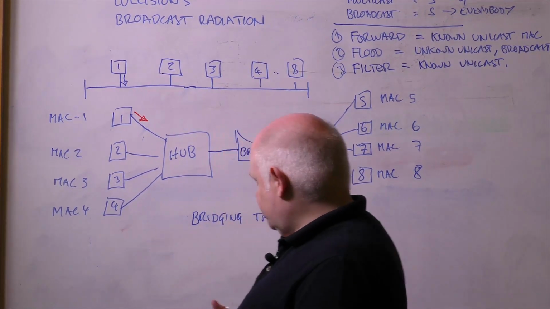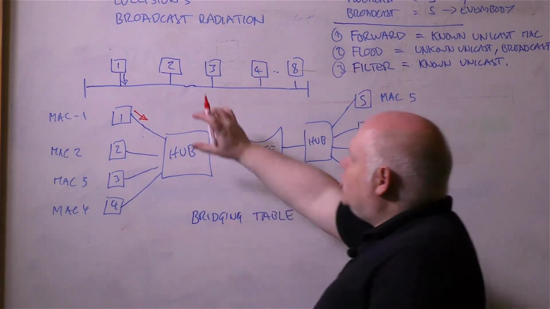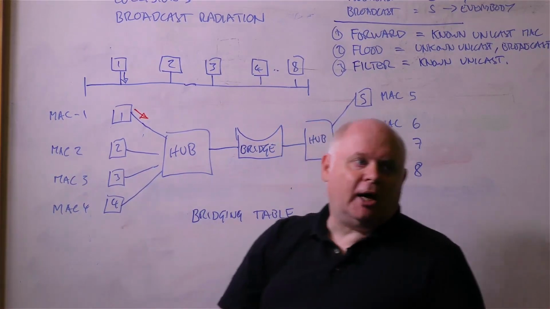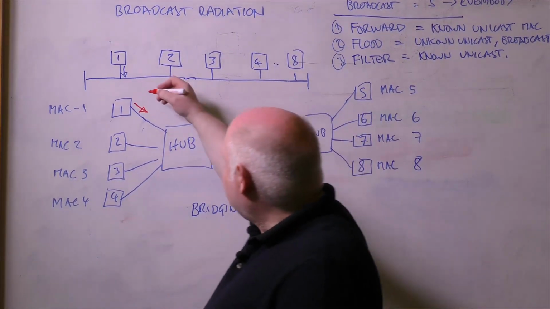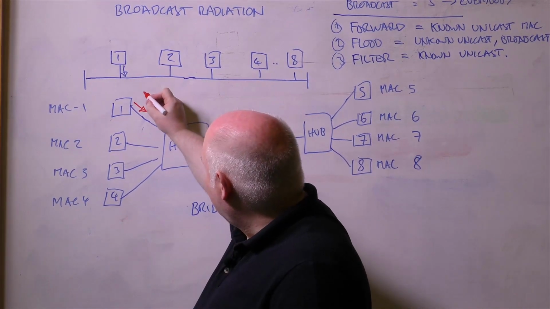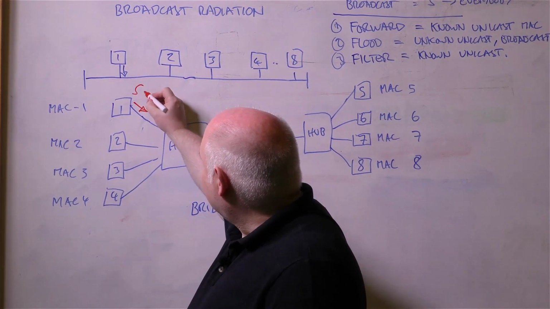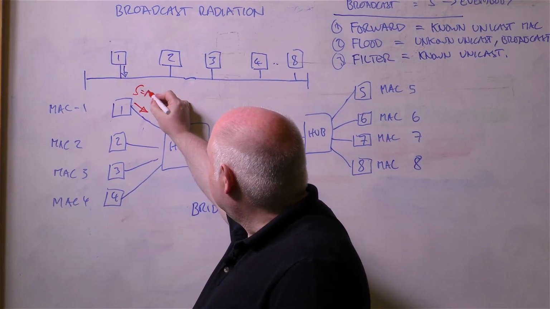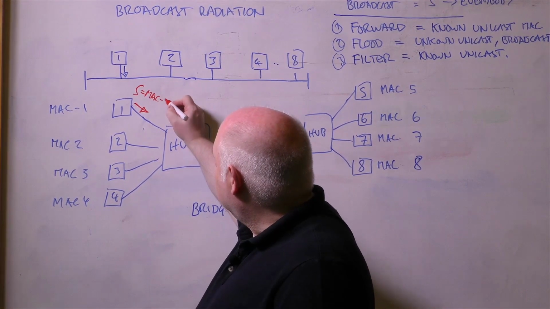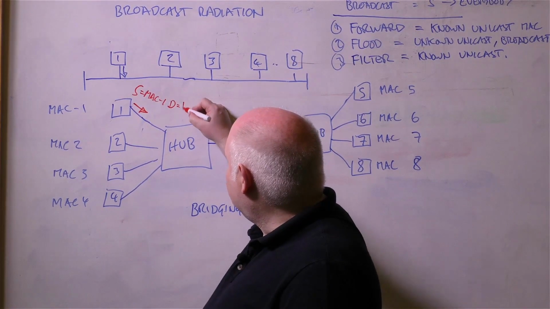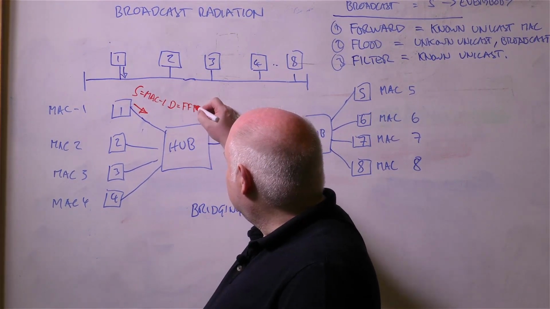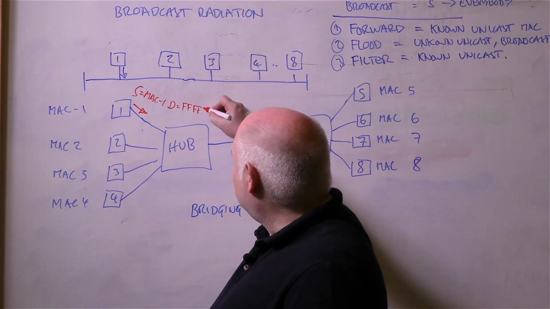Initially, machine number 1 might not know the MAC address of machine number 2. So it sends out a frame which has a source MAC address of MAC 1 and a destination MAC address which is all Fs. And all Fs means broadcast.